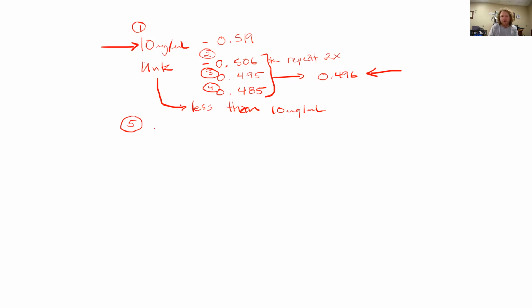Let's say that you decide to go with 2 micrograms per microliter. What that means is that you have 900 microliters of the Bradford, 20 microliters of your known and 80 microliters of dH2O.